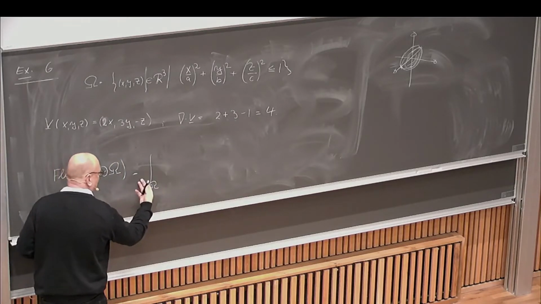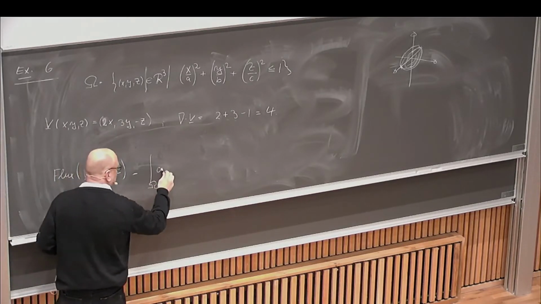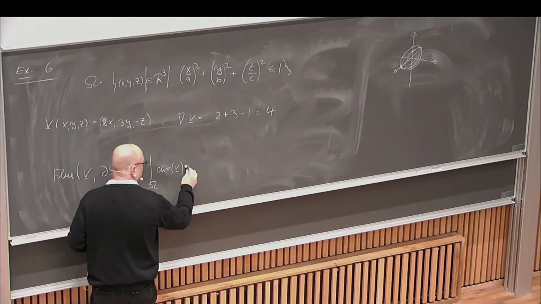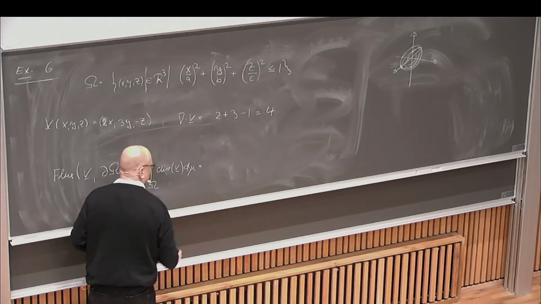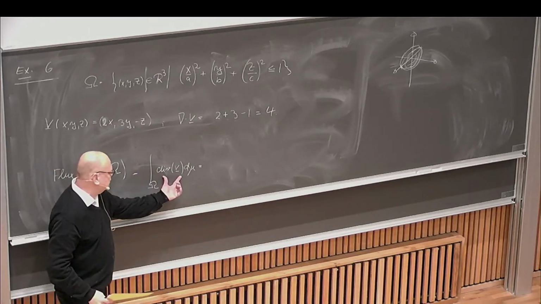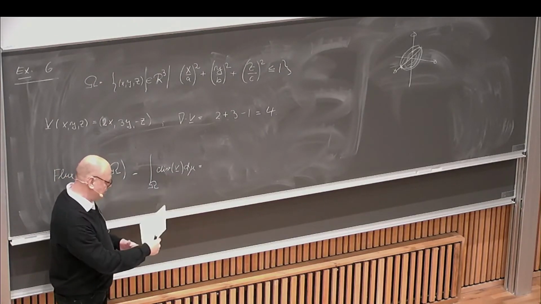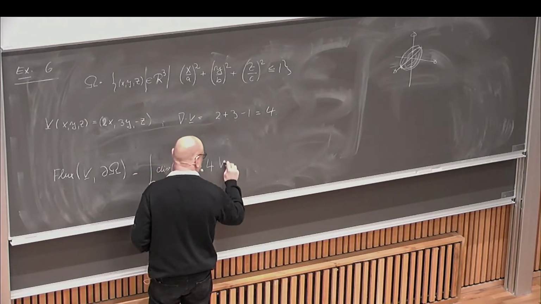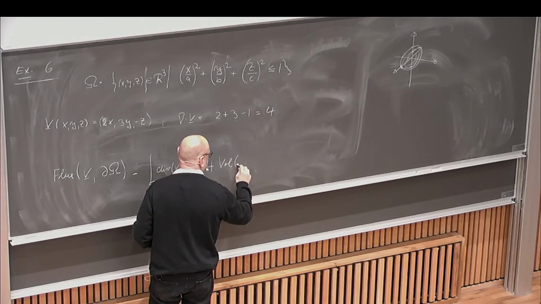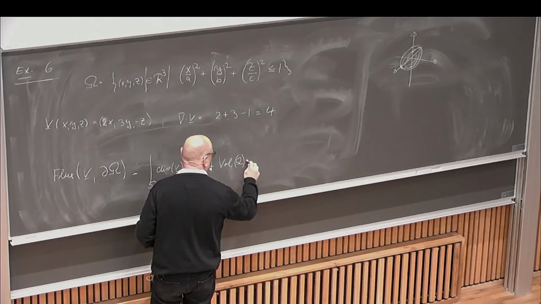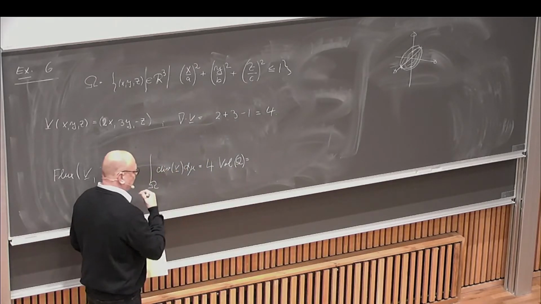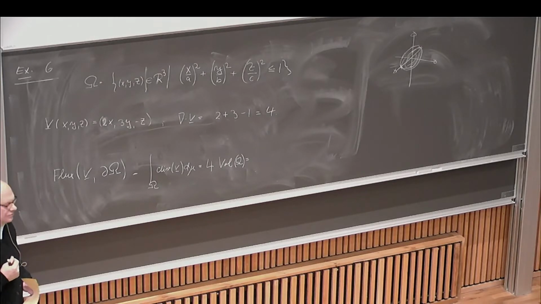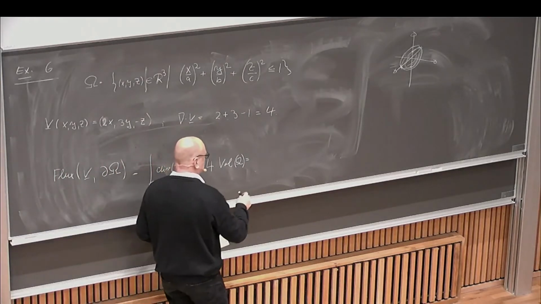So you get this volume integral of the divergence of V. And since this is constant equal to 4, you can put it outside this and you get the volume of the ellipsoid, and this you can look up, if you don't know it.